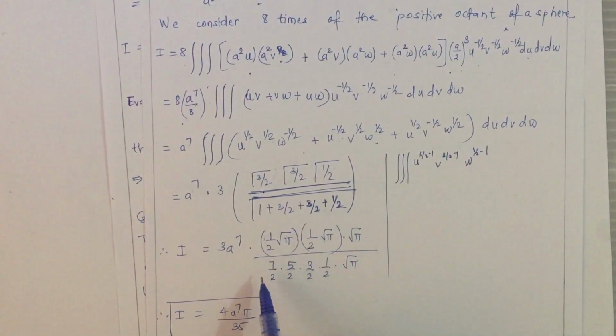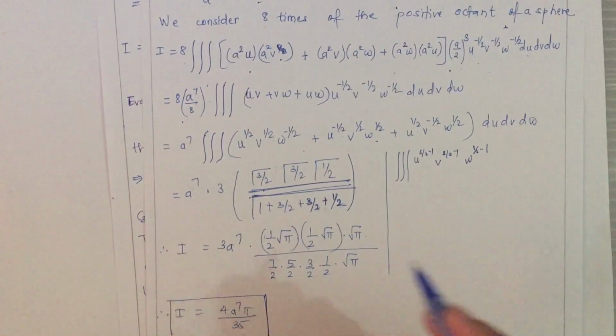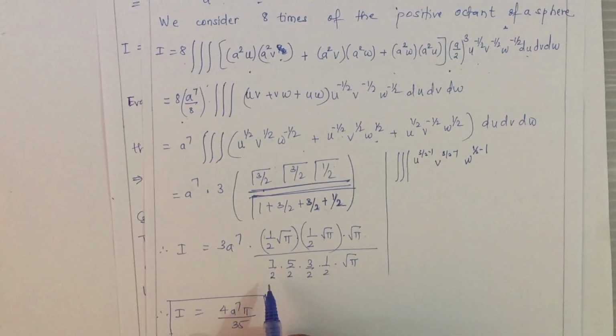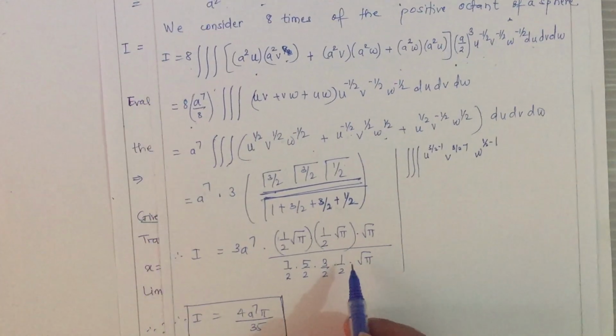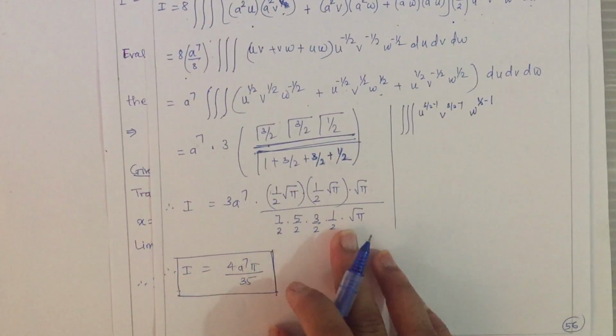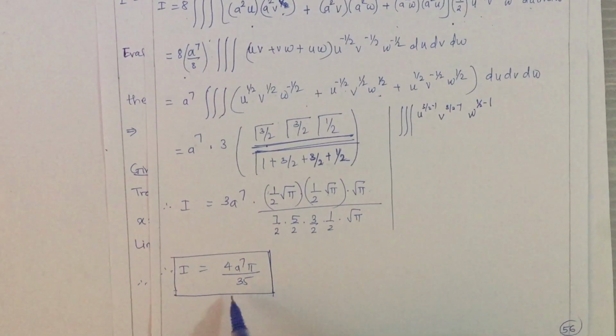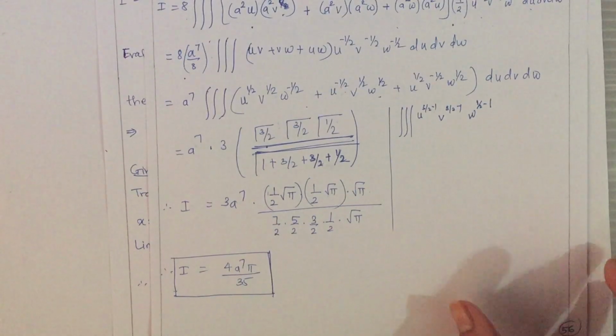So 9 by 2 means gamma 9 by 2, which is 7 by 2 into gamma 7 by 2. On solving the fractions, I get the value as 7 by 2 into 5 by 2 into 3 by 2 into half into gamma half, that is root pi. Evaluating these gamma values, we ultimately get the value as 4 a raised to 7 pi upon 35.